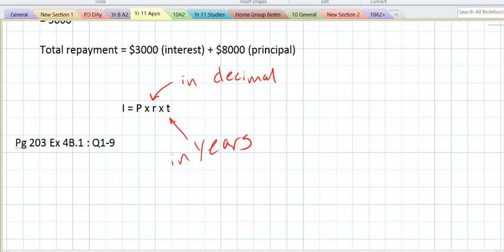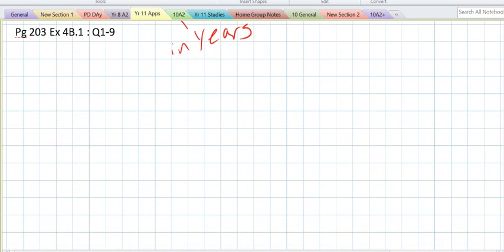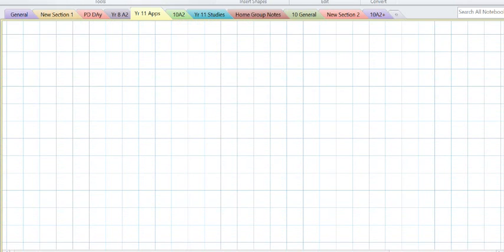Alright, so let's go back to Kiraleigh's car question. Let's pretend she still wants $8,000 at the end to buy her car, but currently, P, she only has $5,000. Yeah?